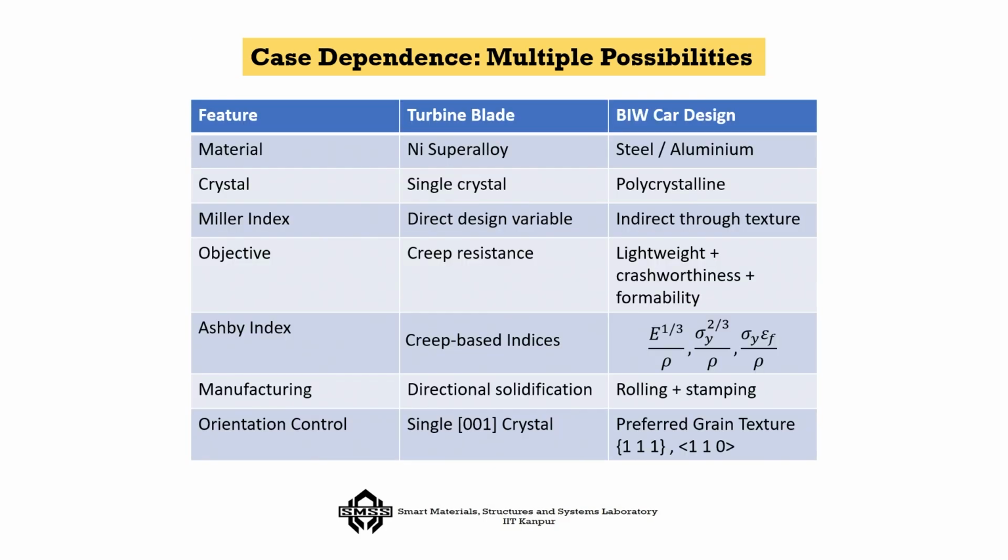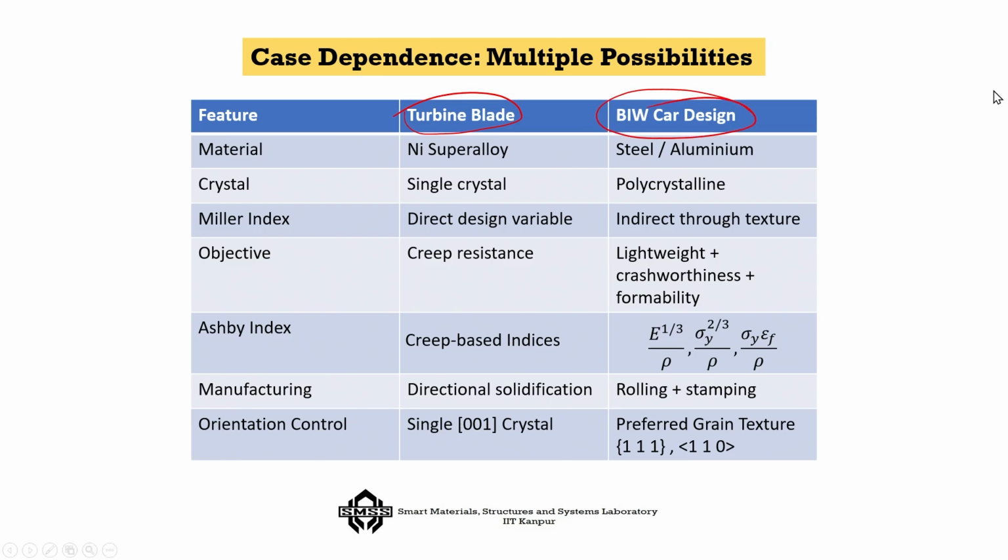Now, I am talking about a case where Miller index is directly determining, in this case for the turbine blade. But Miller index is indirect for another case, which is body in white car design.